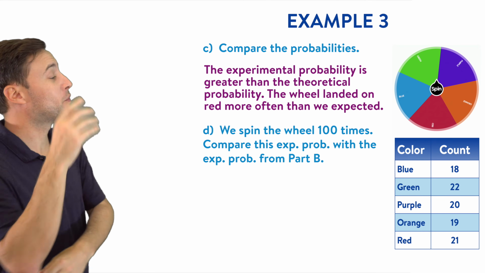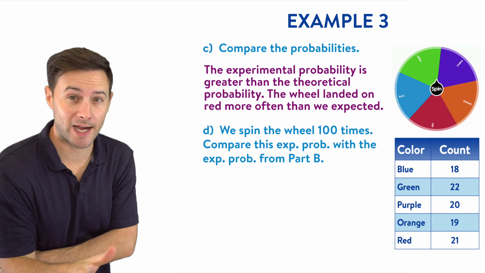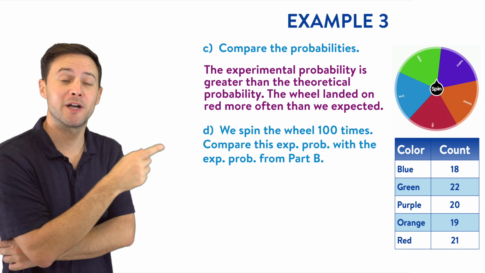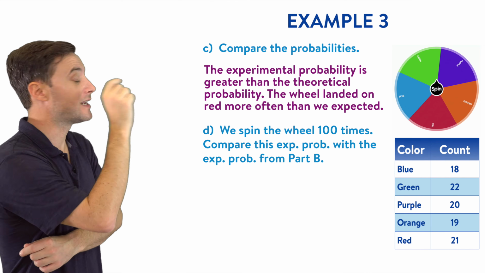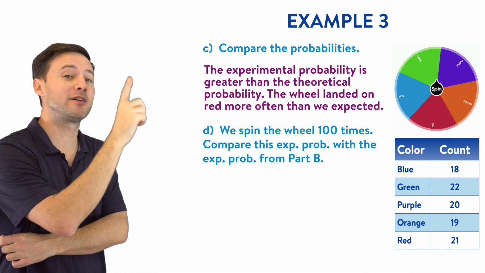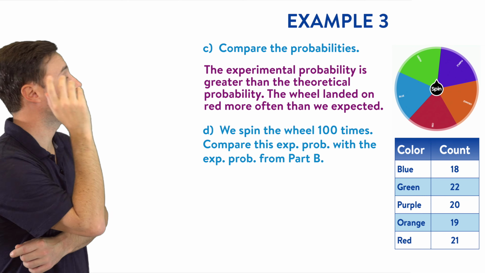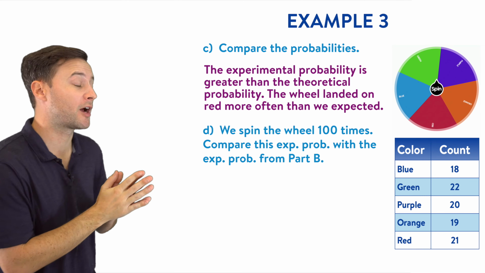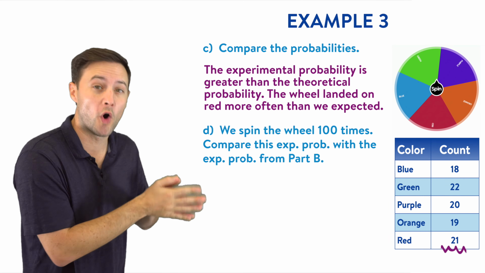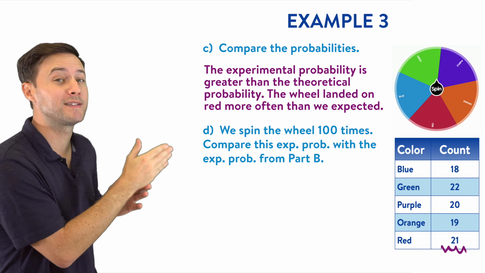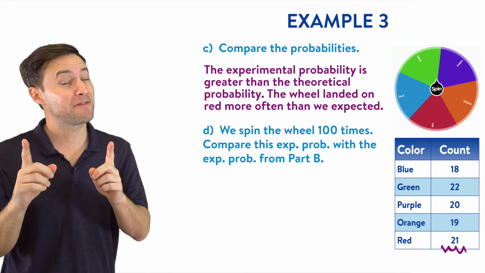Part D says we spin the spinner 100 times. Compare the experimental probability now at 100 times to what we got in part B. If you look at the table now, it landed on red 21 times out of, it's not 50 anymore.